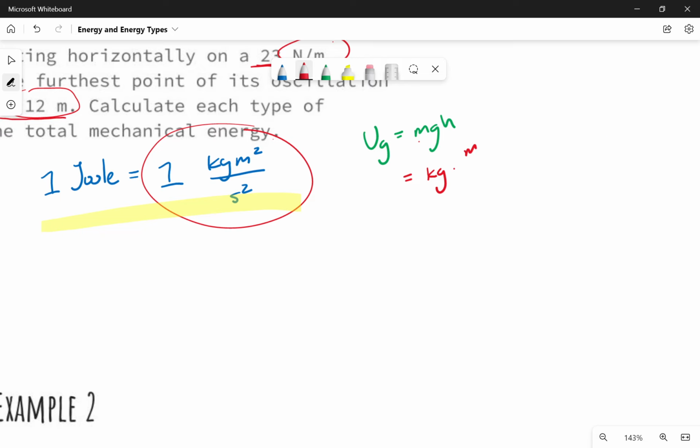Gravity is an acceleration, so it's measured in meters per second squared, and height is a distance, so it's measured in meters. Now, if I multiply all those units together, I get kilograms times meters, so kilogram meters squared, and then 1 times second squared times 1, so per second squared. That's how I know that it's a kilogram meter squared per second squared. That's just a bit of a mouthful. We don't want to say that every time, so instead we say, okay, we'll just call that a joule.